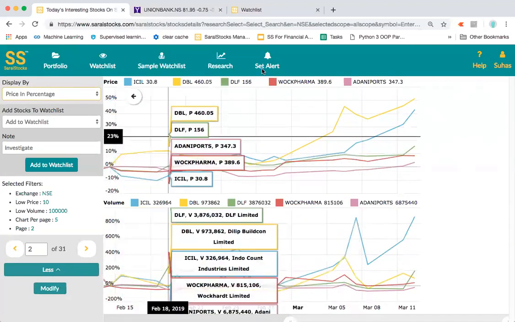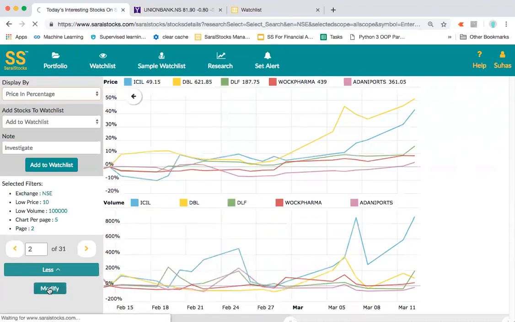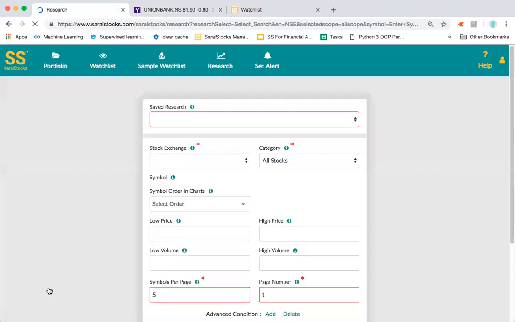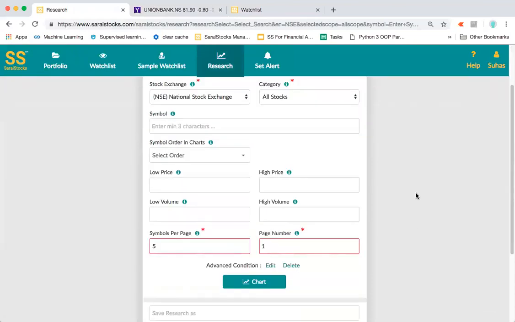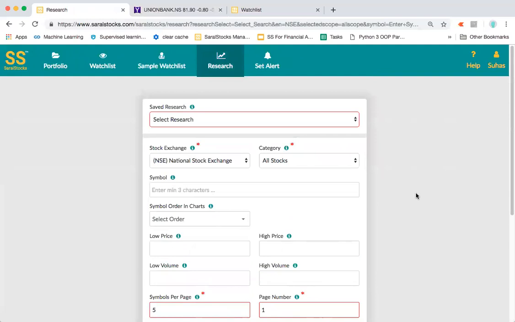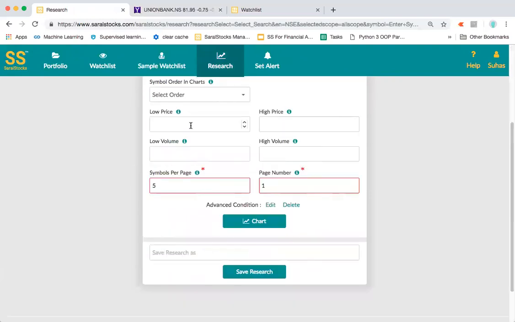Now let's go back and look at those parameters one more time. So what we had was, okay, now let's see how do I go back and reuse those parameters for future. So I put in the price of 10 rupees here, volume of 1 lakh.